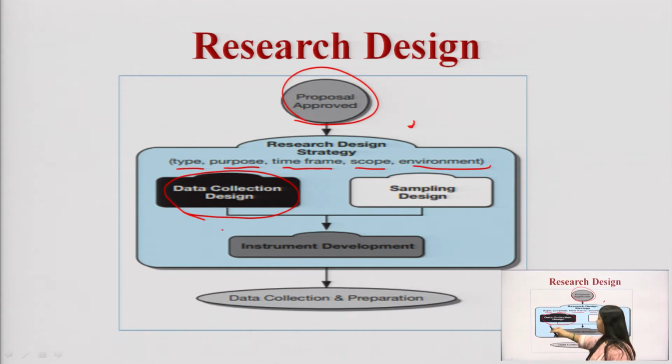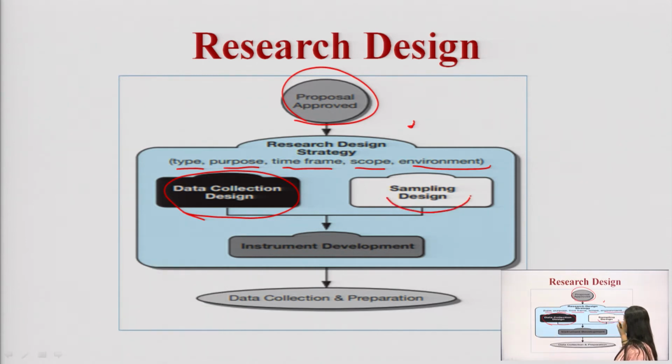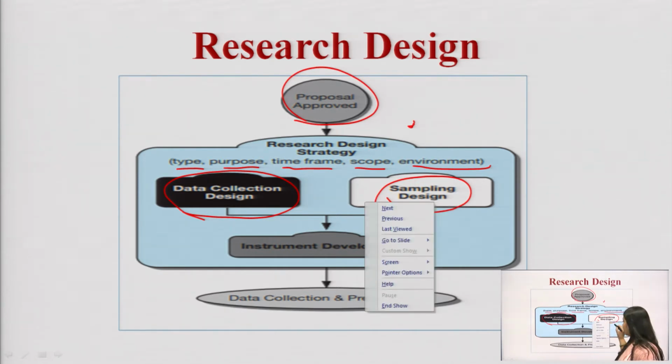On the basis of the collection design you have to select your sampling design also. Sampling design is basically the method through which we collect our responses, how you are going to select your respondents. This is based on your research design.